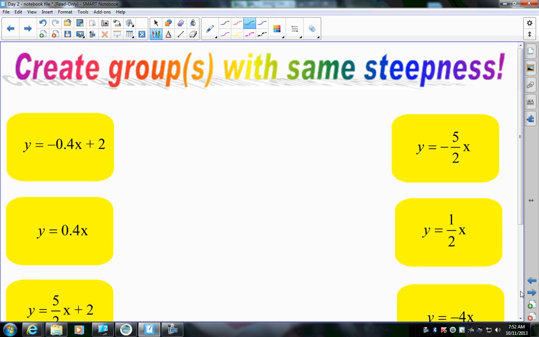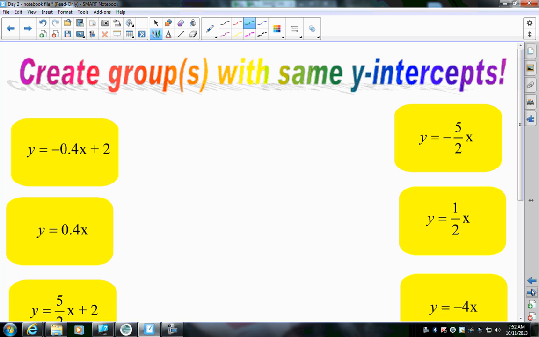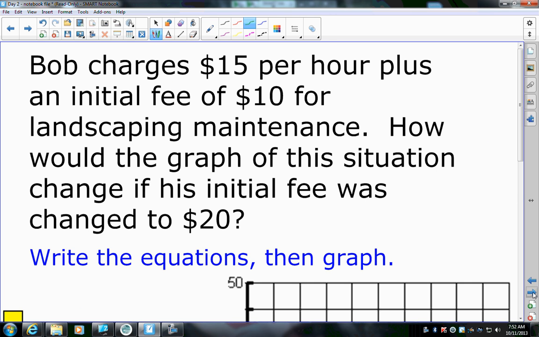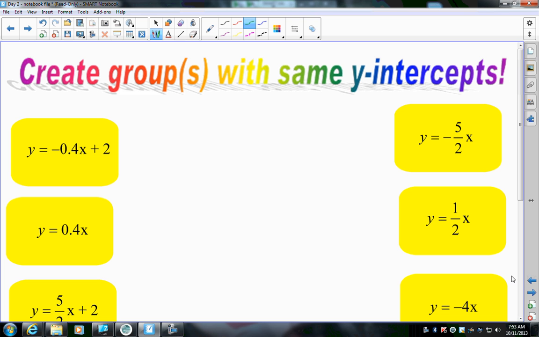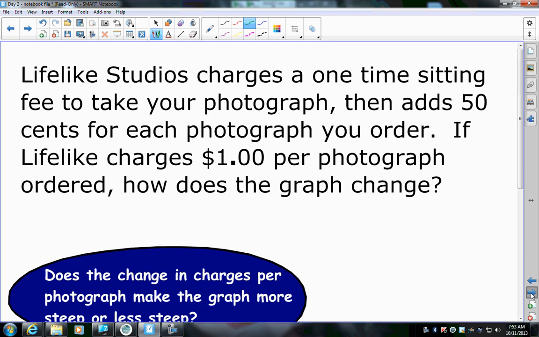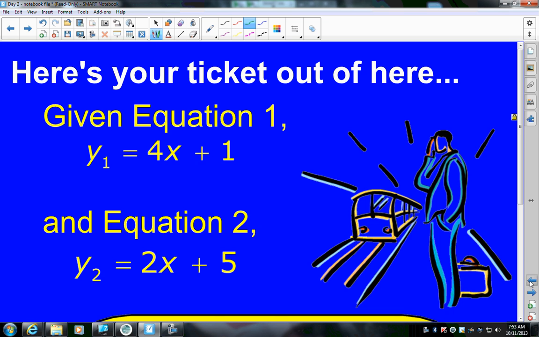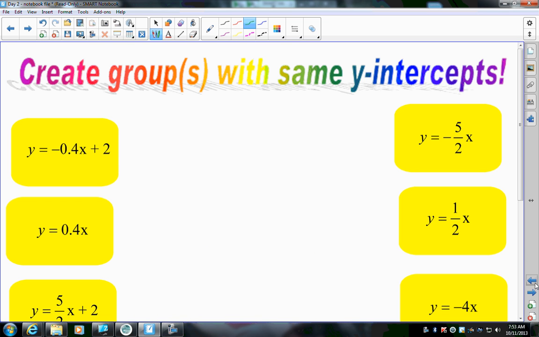Now, let's see. Where did that part of your paper go? Okay, so it doesn't have it on your one paper. It asks you to identify the slopes of each graph of the lines graphed. I guess I thought that they put it on here. I guess not. I'm just flipping through screens.